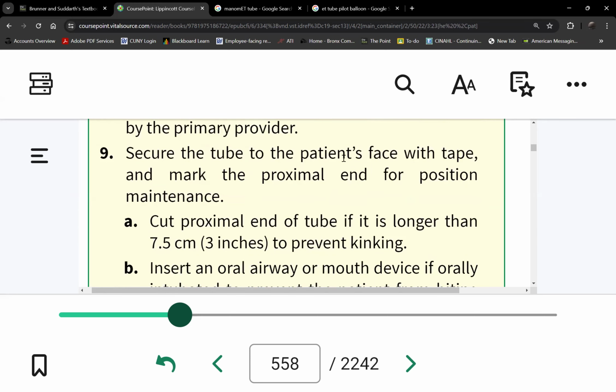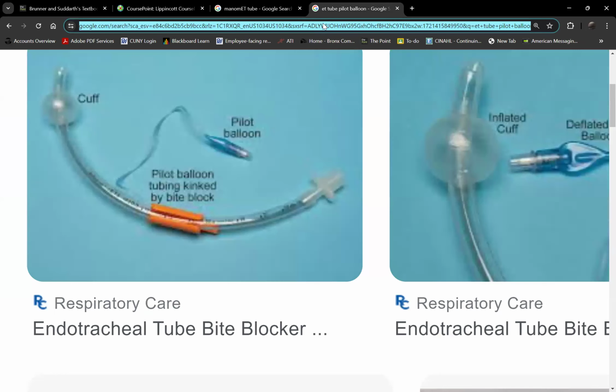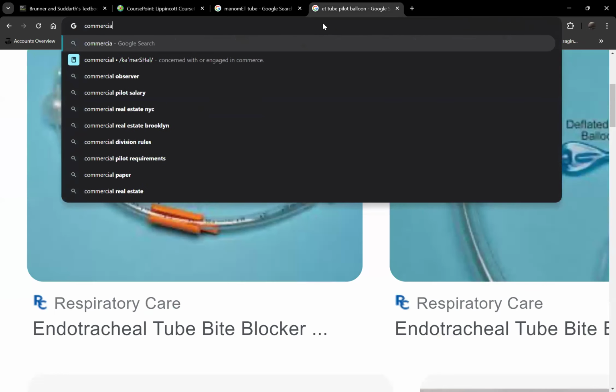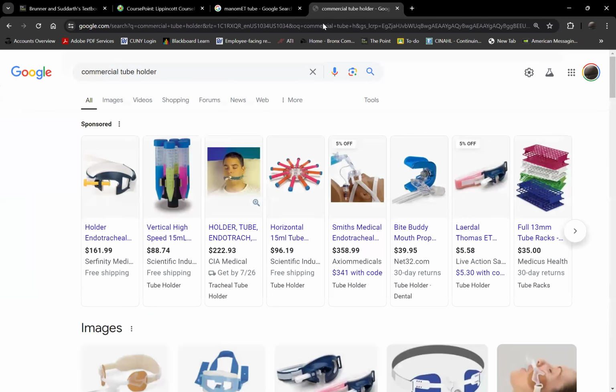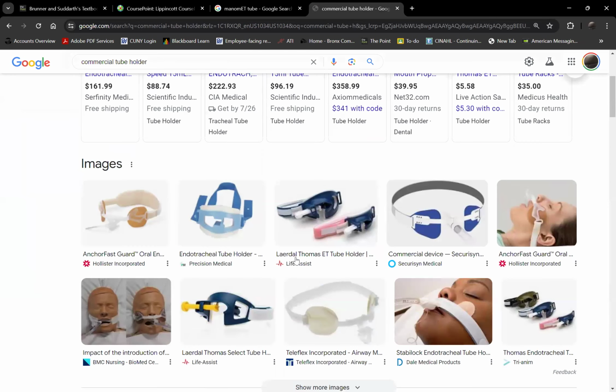Then make sure the ET tube is secured well. We use commercial tube holders now. We don't use tape anymore because tapes get wet and then they loosen and don't do their job anymore.